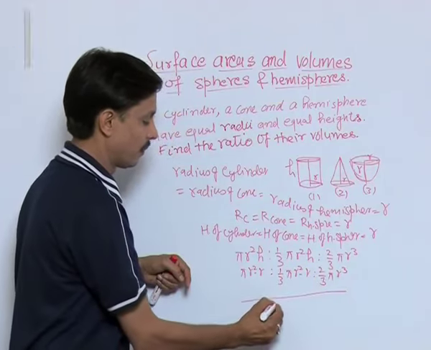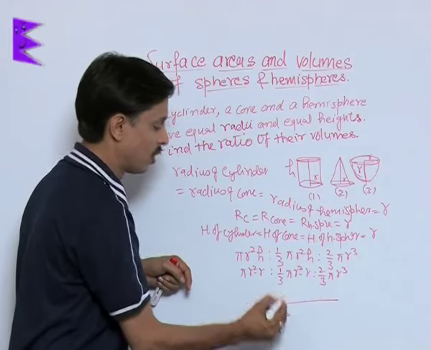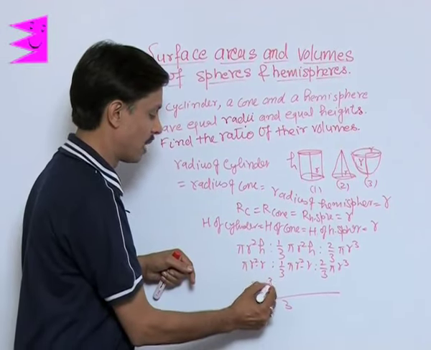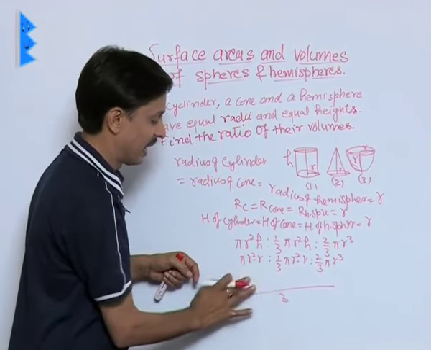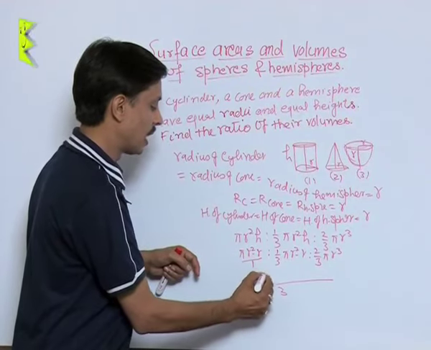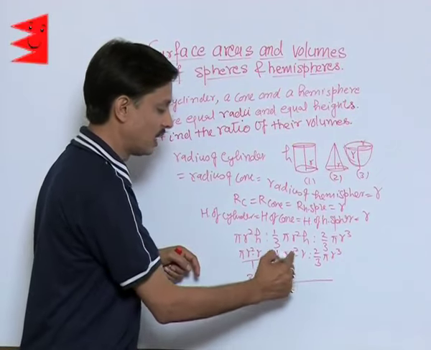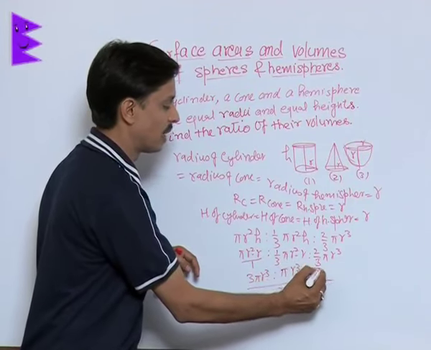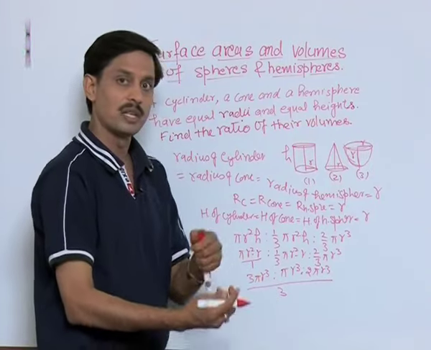We can take LCM 3. After taking 3 as LCM, pi r square into r becomes 3 pi r cube, the 3 and 3 cancel, leaving pi r cube, then 2 pi r cube. For the ratio, this is the simplest form.